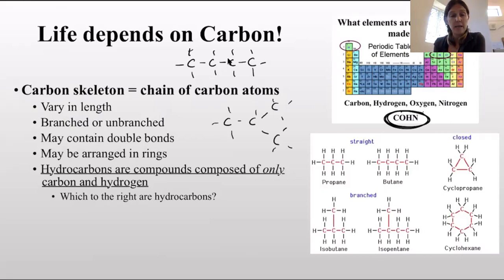They can contain double bonds or not. For example, you might have a chain that looks like this. This is a double bond. And when I'm drawing these bonds between the carbons, what kind of bonds are those? Remember, those are covalent bonds, more specifically nonpolar covalent bonds.